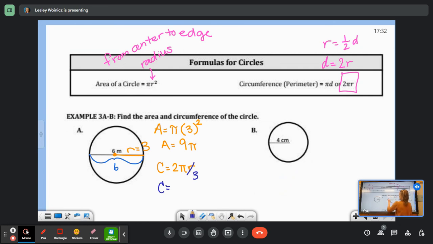I forgot to say units squared. Sorry. Area is units squared, always. Shame on me. Our circumference is in linear units. It's like the perimeter. It's the perimeter of a circle. So our circumference is 6 pi.